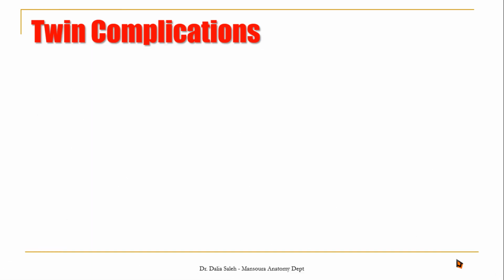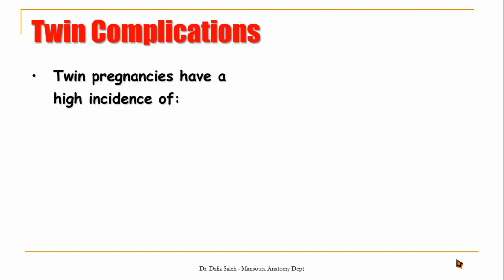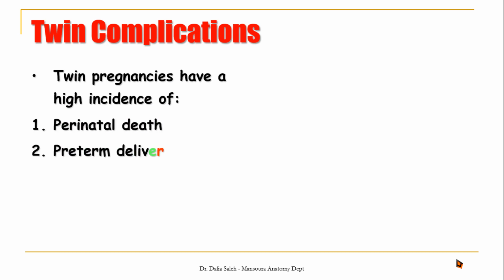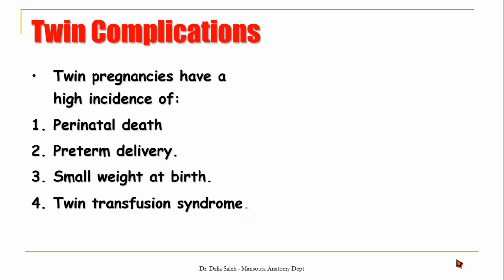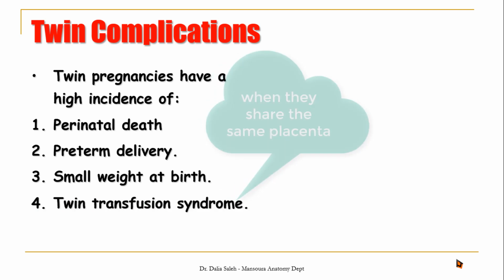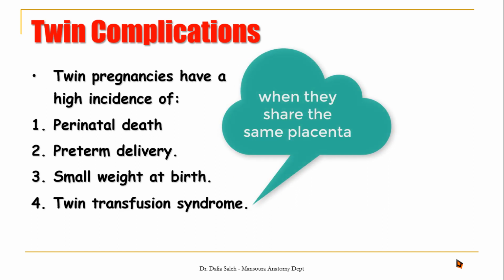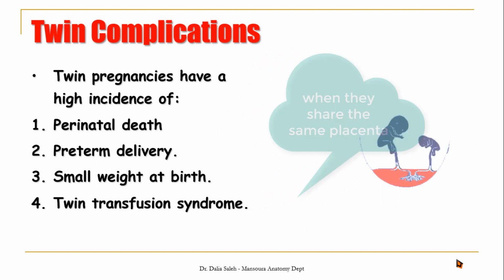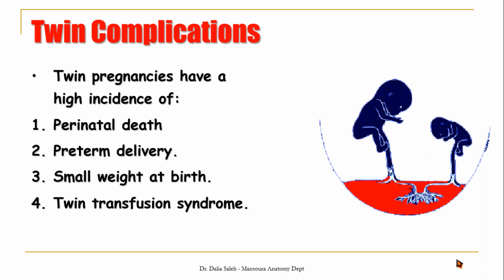What are the complications of having twins? Twin pregnancies have a high incidence of prenatal death and preterm delivery. They tend to be smaller in weight at birth, and sometimes there is a syndrome called twin transfusion syndrome, in which one of the two embryos will get more blood supply from his brother or sister.